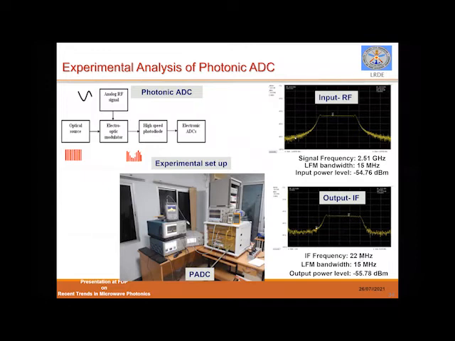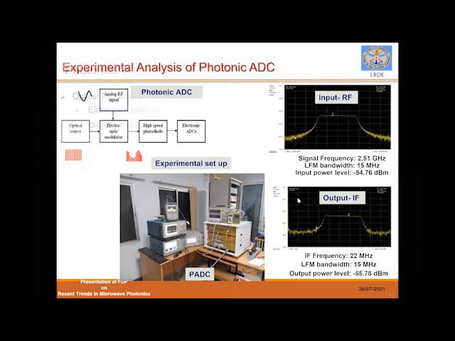Once it is brought down to a baseband signal, we can use it in a normal way. The most highlighting factor is, compared to our electronic domain, these photonic capabilities are going to give very less noise, less jitter solutions to even our radar system too.